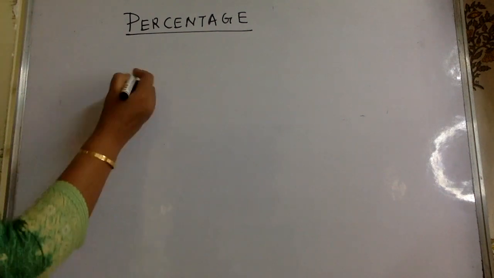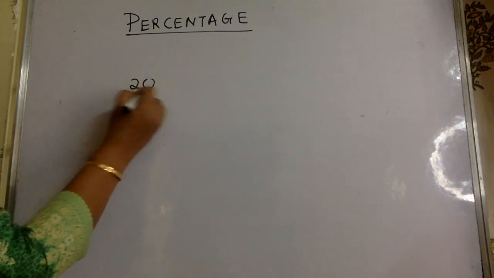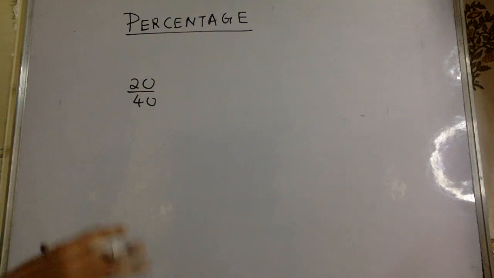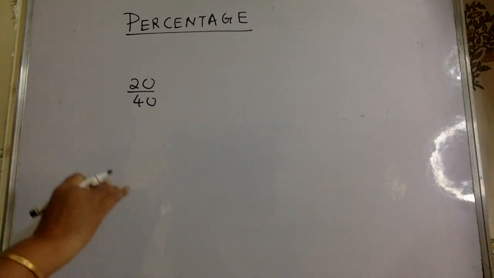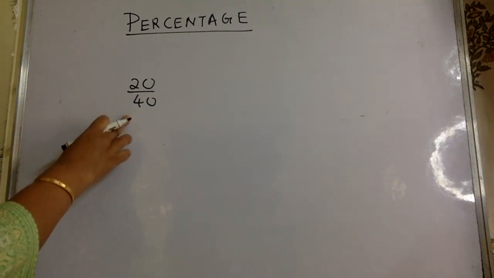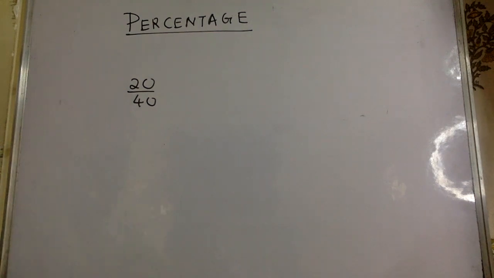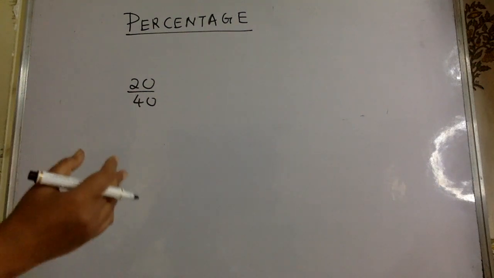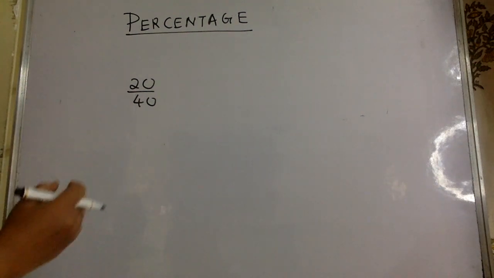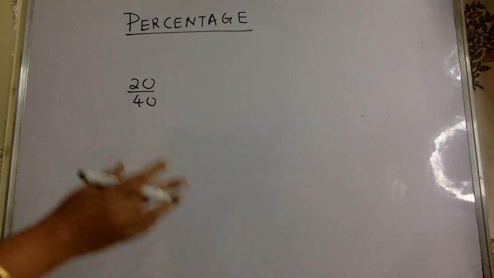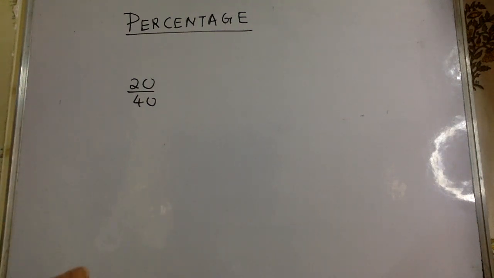Take the example that you have got 20 out of 40. What percentage have you got? If you get 20 out of 40, at the same rate how much would you have got out of 100? If we divide this 40 into 100 small parts, how many parts would you have got? That's the meaning of percentage.